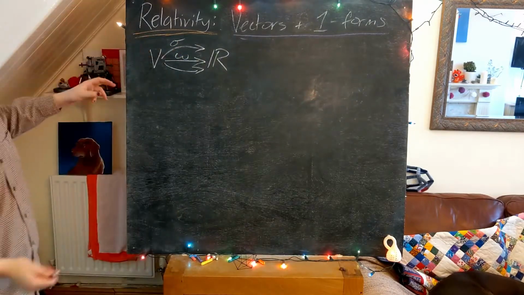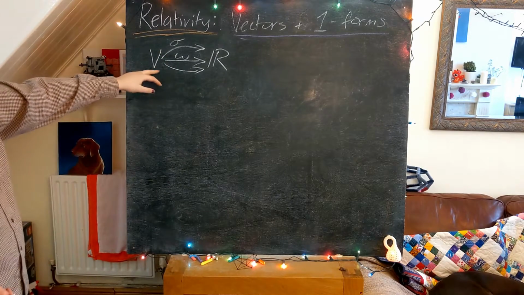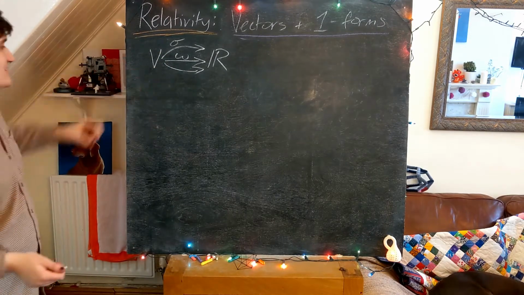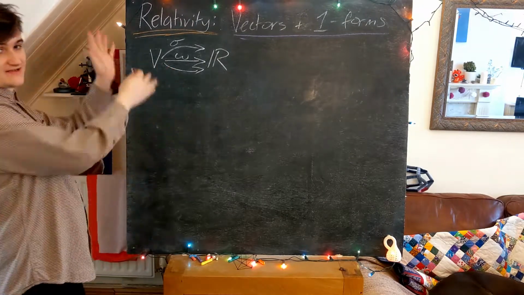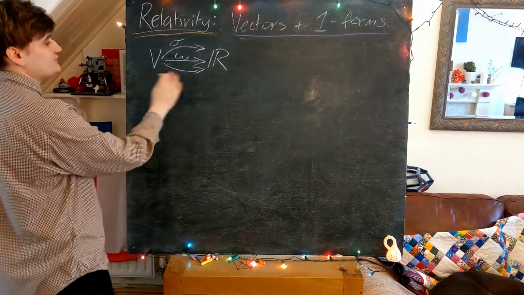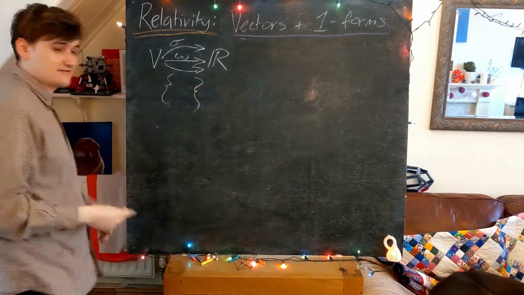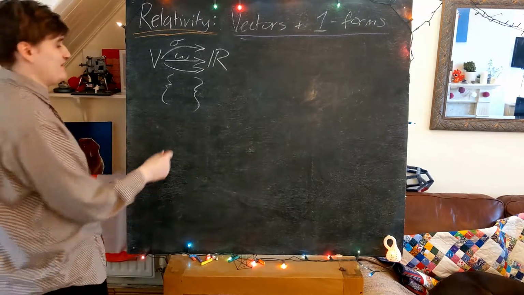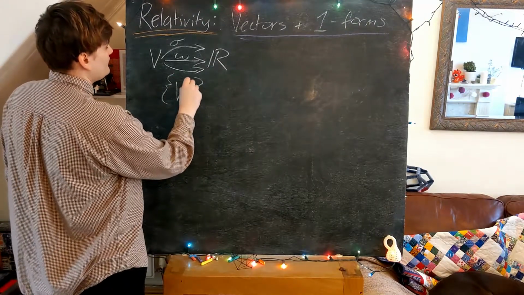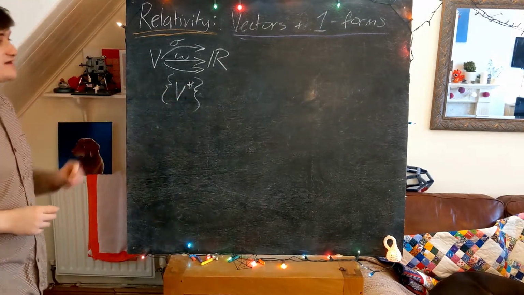By linear map, I simply mean that we can add two maps together and they can act on sums of elements in V. Now we collect this set of all linear maps of V into R, and as a whole set it forms a new object which is known as the dual space, or the dual vector space, and we give it the name V star.